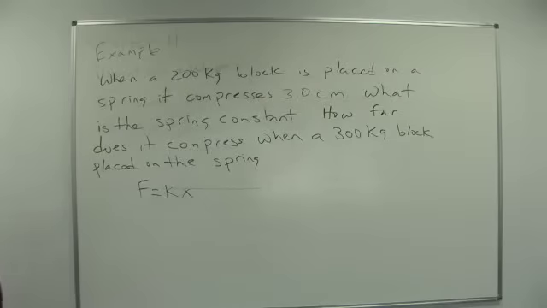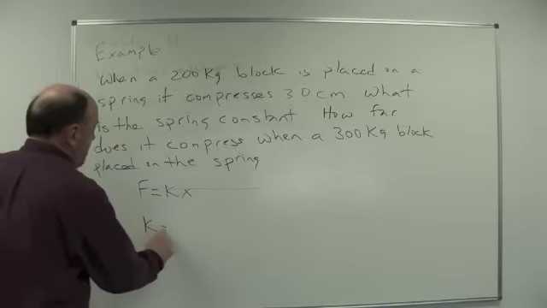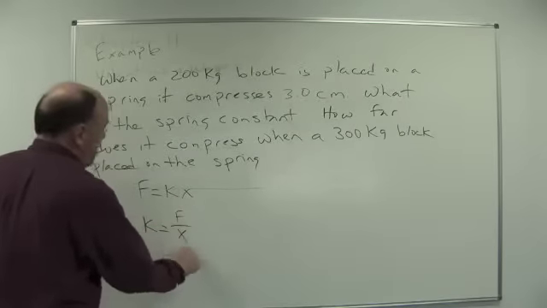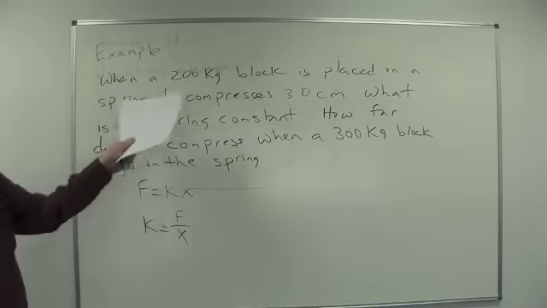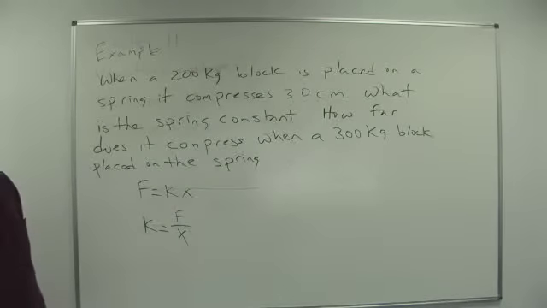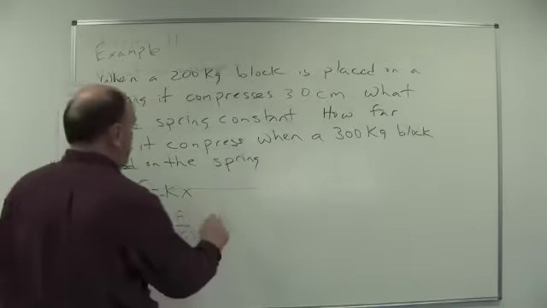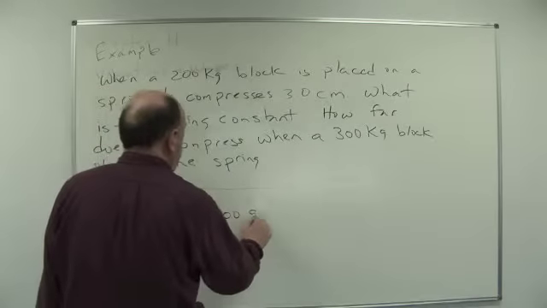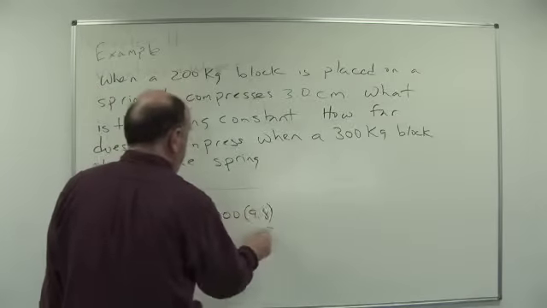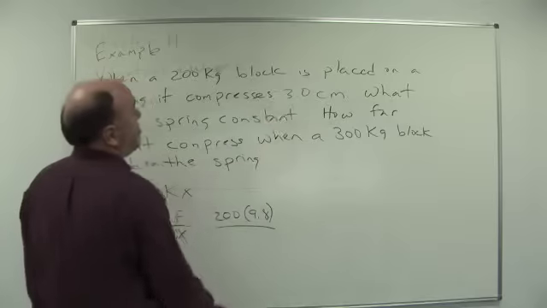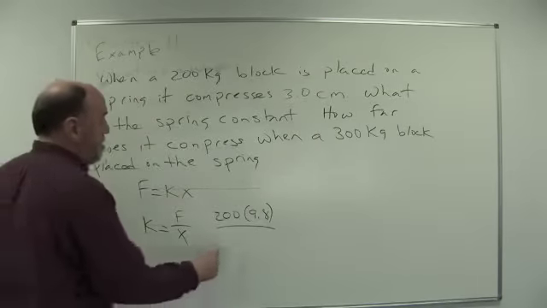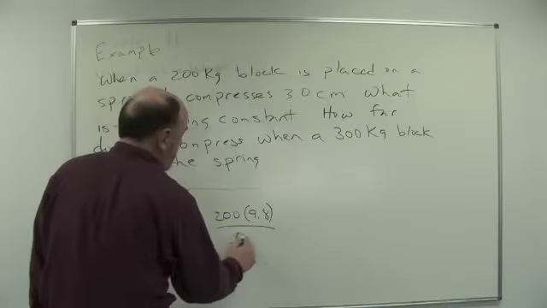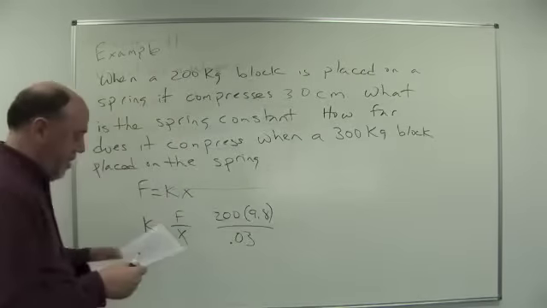And so I can solve that for K, and so K is going to be the force divided by X, and the force acting on my spring is due to the weight of my block. And so the weight is going to be 200 times 9.8 divided by X, which was 3 centimeters. And that number has to be converted into meters, so this will be 0.03 meters.